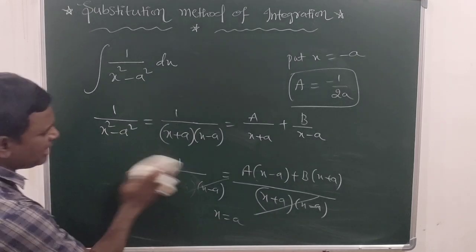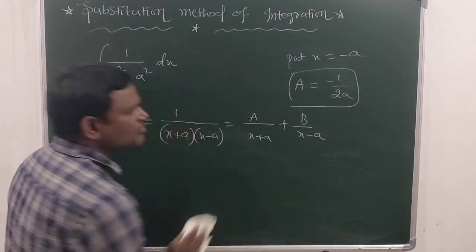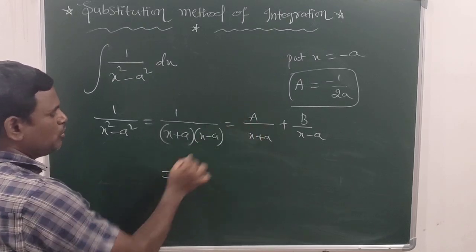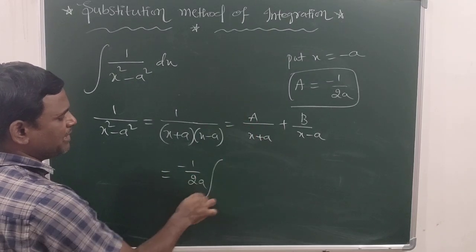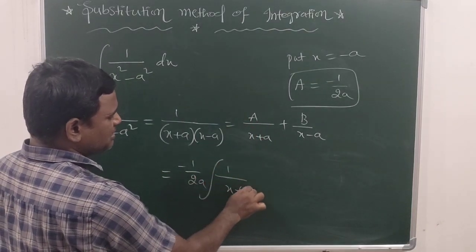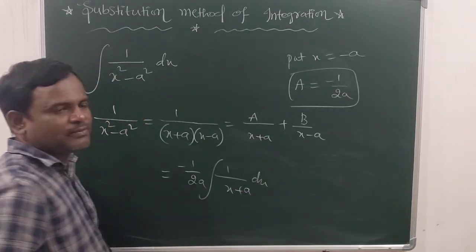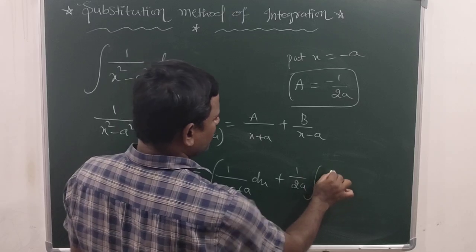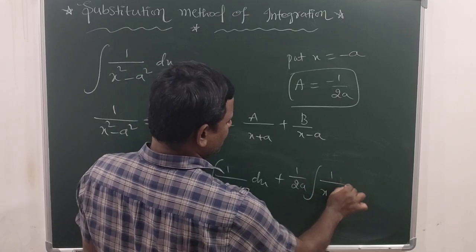Now after getting the A and B values, go back here: in the place of A, minus 1 by 2a you got, keep it outside, 1 by x plus a dx. What about B? 1 by 2a integral of 1 by x minus a dx.